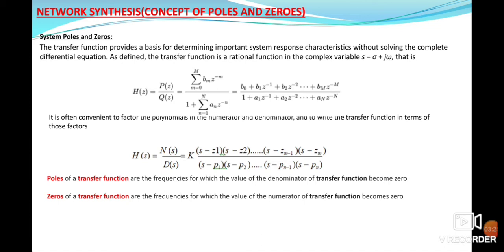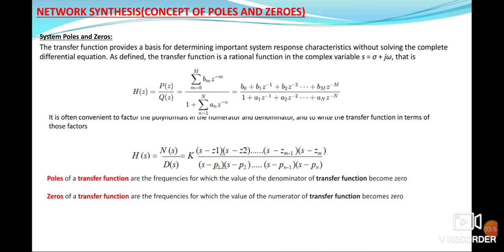Suppose we take the first one, that is s minus z1. If we substitute s by z1, then the whole numerator will become 0 as z1 will get cancelled. So, for calculating the zeros of a transfer function, we will substitute s minus z1 equals 0 in that equation.